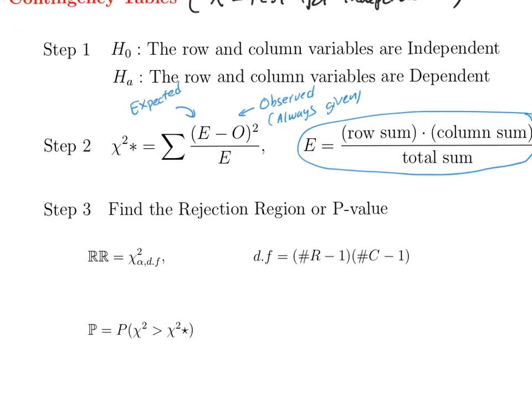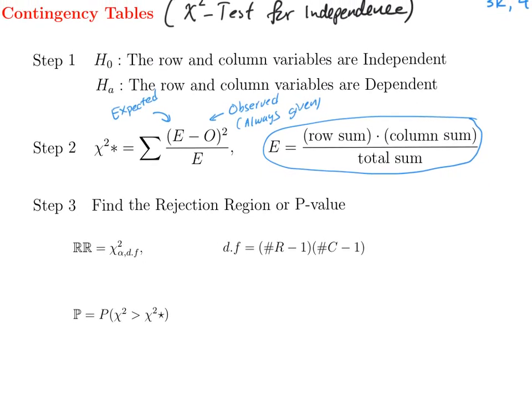Then in step 3, just as before, you have 2 choices. You're going to find the rejection region or the p-value. This test is a one-tail test, which means you only have to worry about one side. In fact, all you have to do is find chi-square right. Just be careful because here alpha is not divided by 2.